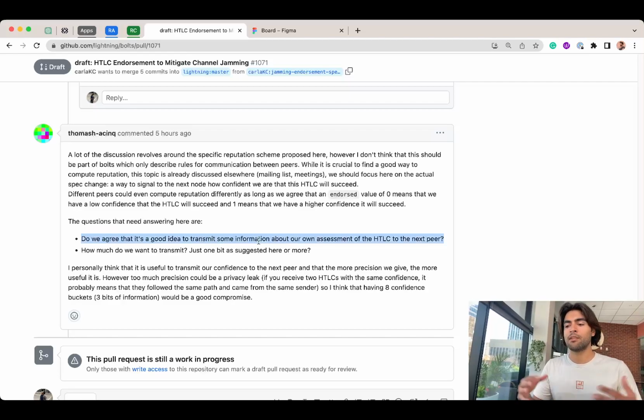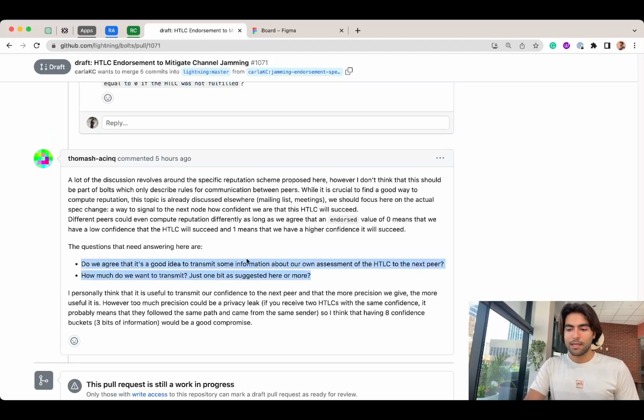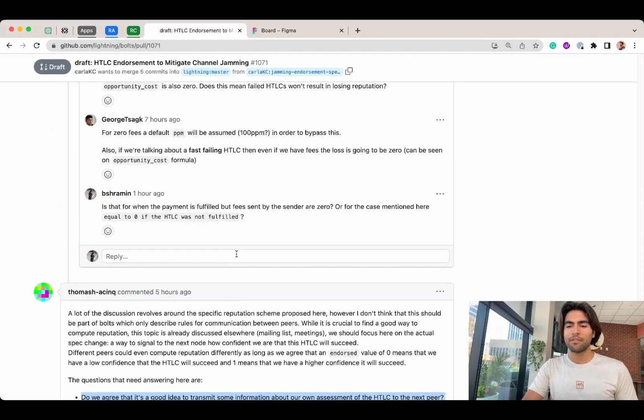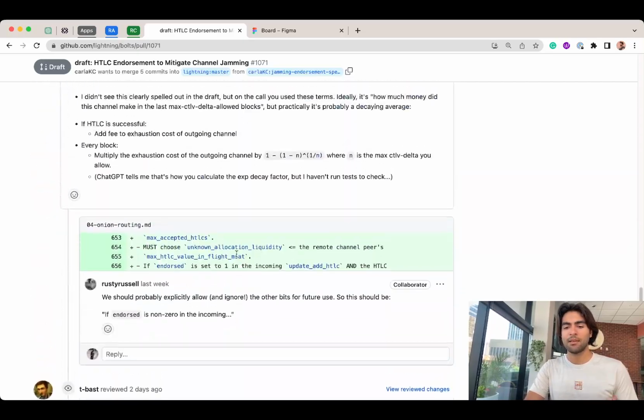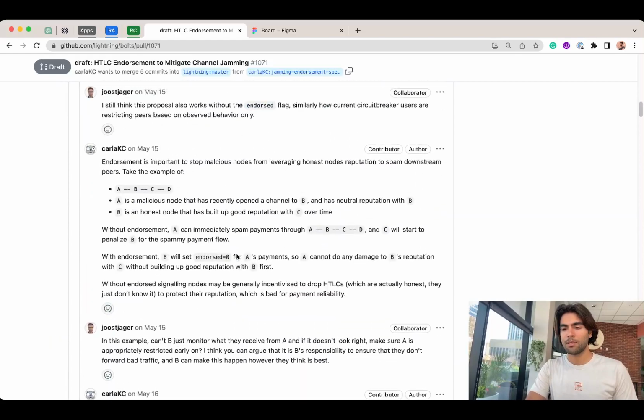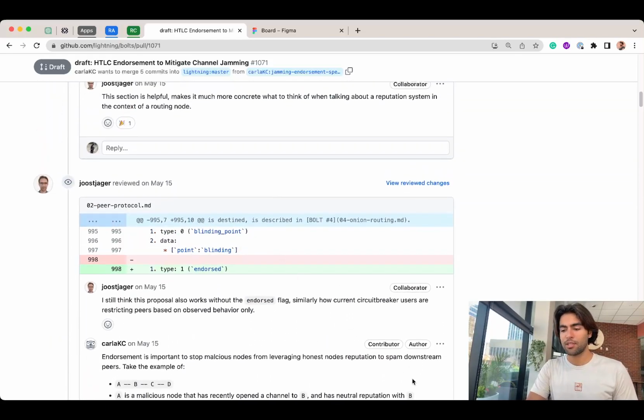I don't think people have problems with the infrastructure that is built, passing around an endorsed field. Many of the questions were about this recommended method for reputation, but that's just optional. People can change it as they want. So yeah, that's it.